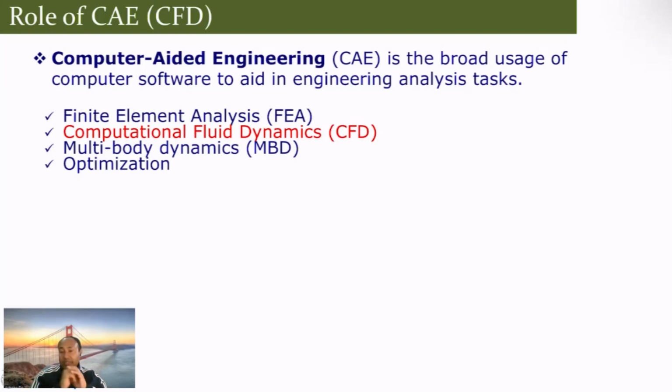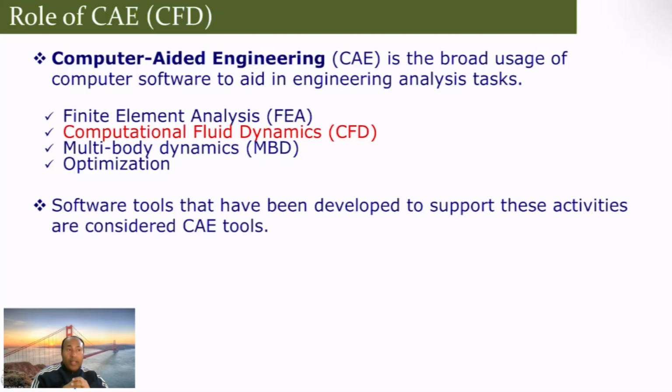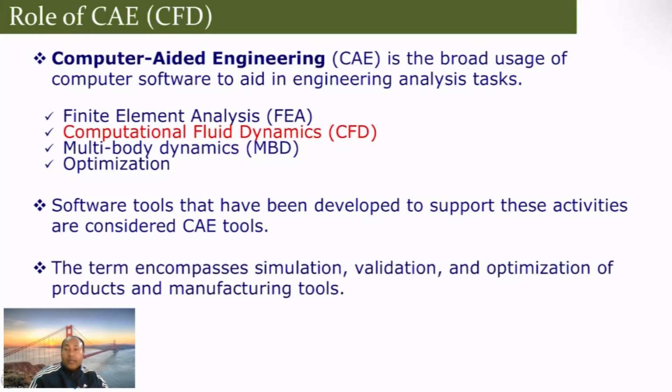But when you go to structural or solid mechanics problems, you need finite element analysis, multi-body dynamics and all these things. So any software that has been developed to support these kinds of activities is considered a CA tool. So the CA tools are used to analyze the system, and it encompasses simulation, validation and optimization.